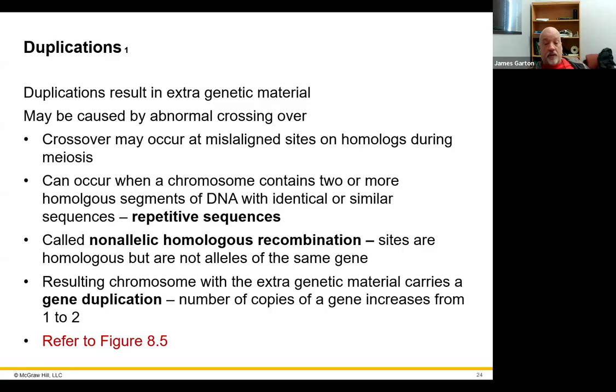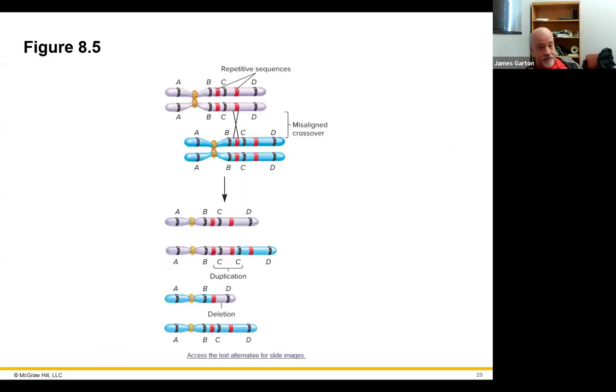Now, duplications are not always bad, because sometimes what a duplication will result in is the formation of what they call a gene family. And you might have several genes that encode very similar proteins, but very subtly different proteins. And this can result in things like, as a mammal, as you go through life, you make different types of hemoglobin.